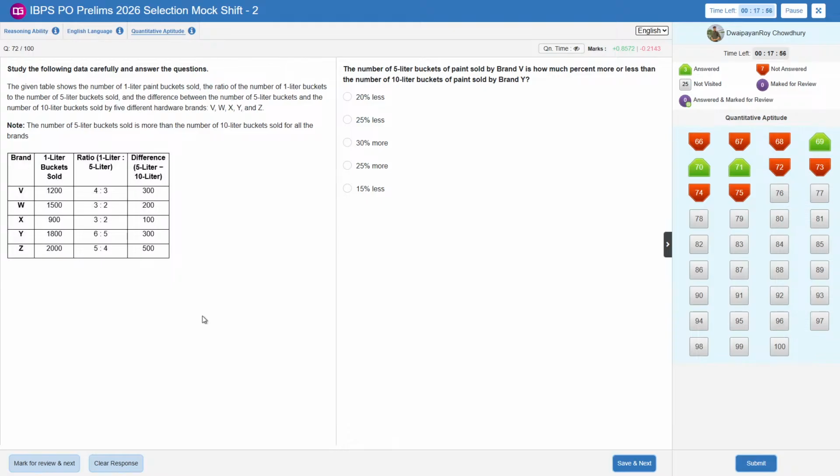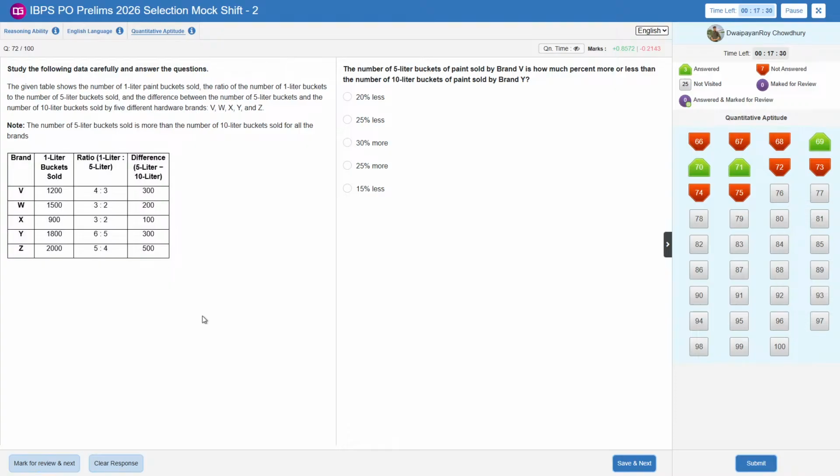V, W, X, Y, Z. 1, 5 and 10. So 1200. So 5 is going to be 900 and 10 is going to be 600. Okay, then Y is 1800 or 1500 and less than 1200.